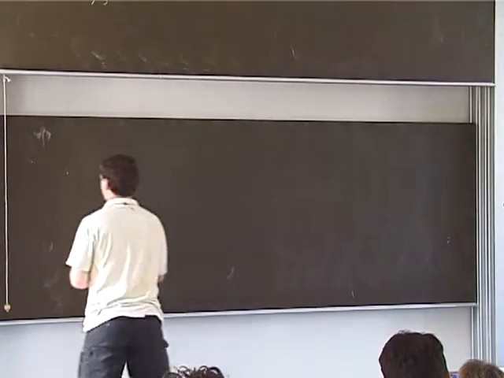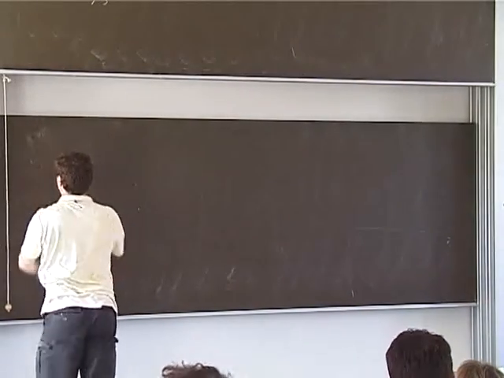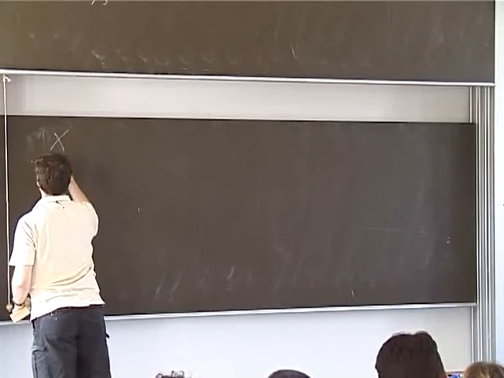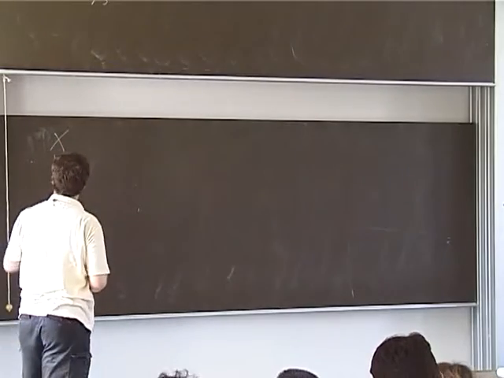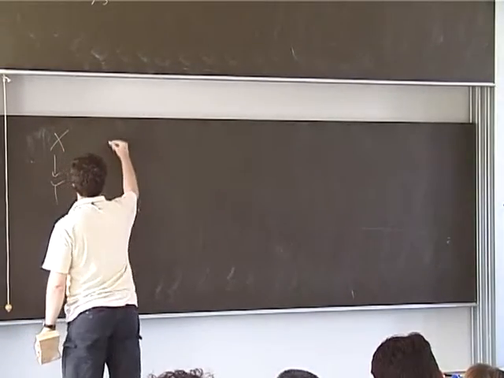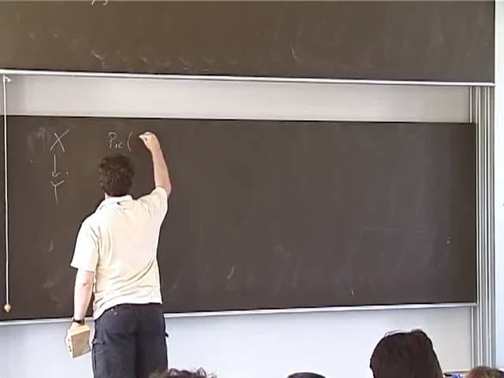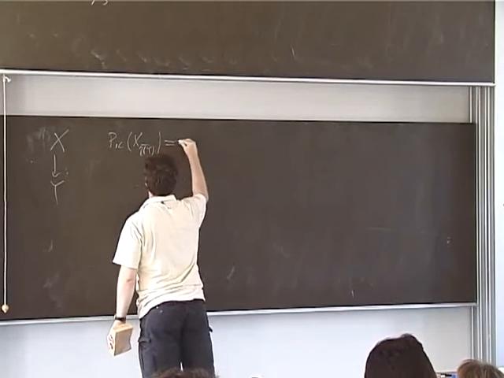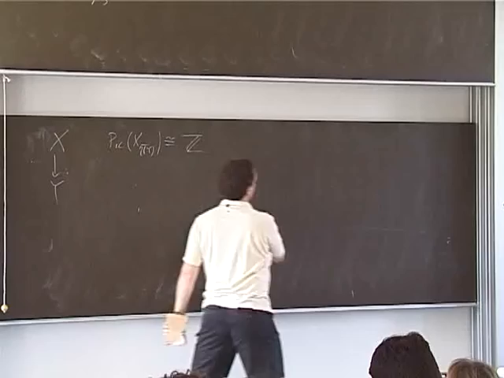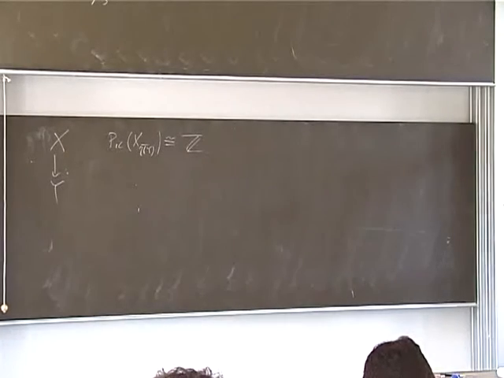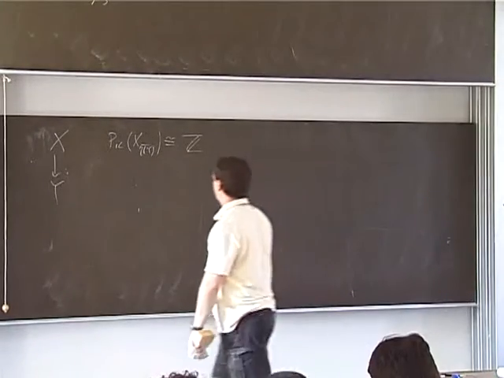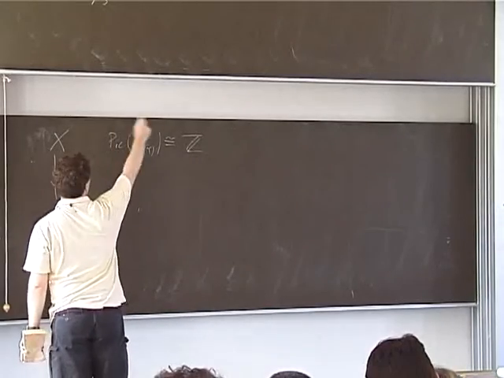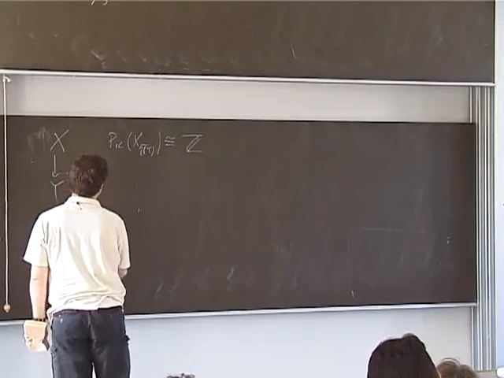Maybe you saw it as part of the Brauer-Manin obstruction, but the point is that if you have some fibration over Y, we'll assume that the Picard group of the geometric generic fiber is Z. This isn't really necessary, but that's certainly true for Grassmannians. You have the Plücker embedding, and the line bundle for the Plücker embedding generates the Picard group. So this hypothesis holds for that generalized Severi-Brauer variety.